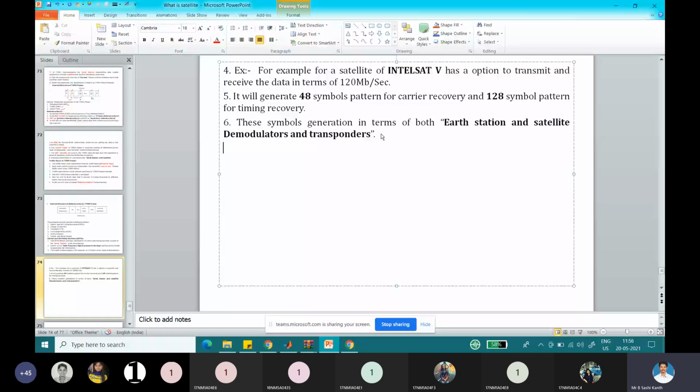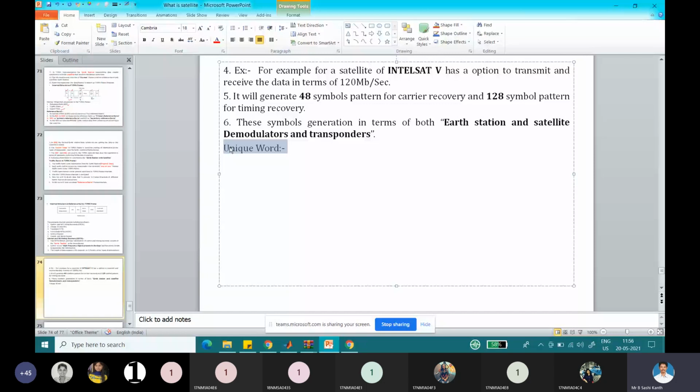Unique word. So next one is about your unique word. We'll see about unique word now. Before going, once again I'll discuss.